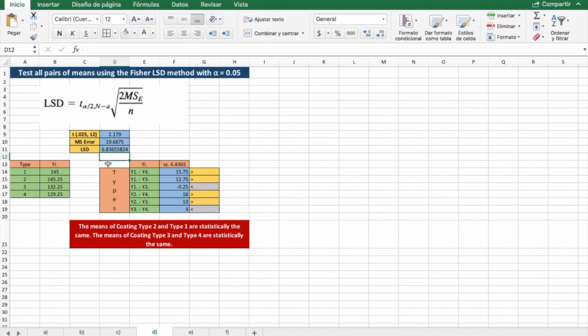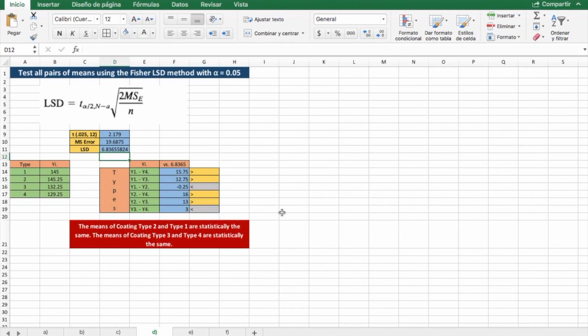This value is going to be used to compare by the subtraction of each of the following types. You have to subtract every average with each of the other ones. So in this case it is 1 minus 4, 1 minus 3, 1 minus 2, 2 minus 4, 2 minus 3, and 3 minus 4.